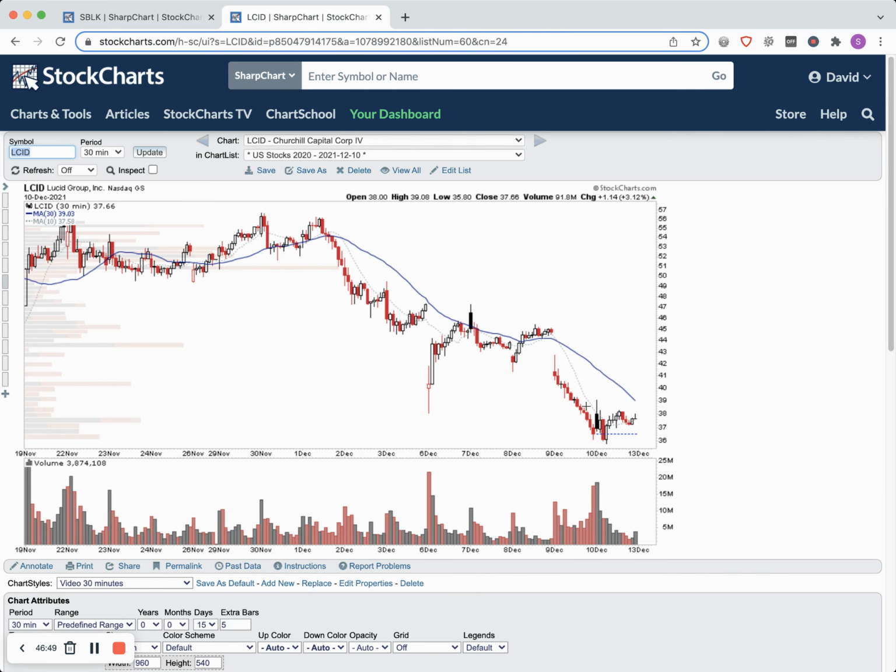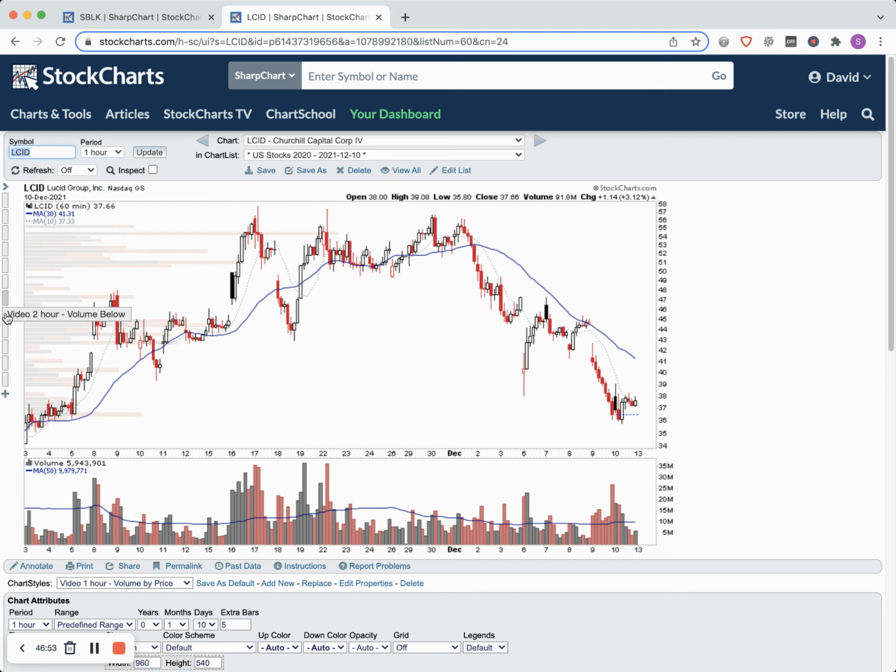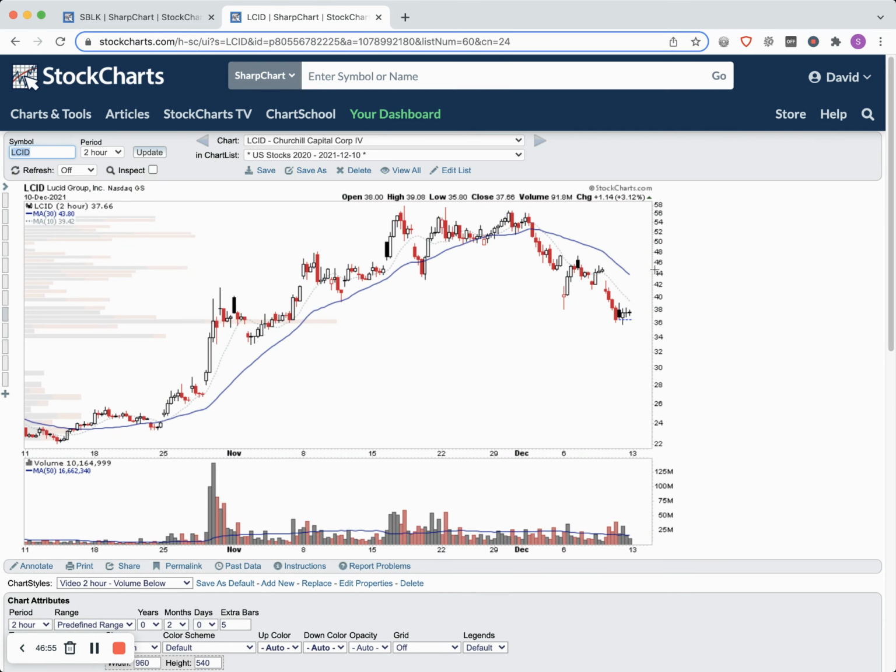See the 30-minute is still in stage 4. Obviously the 1 hour will still be in stage 4 and the 2 hour will still be in stage 4 on this. But if you can start to see this base out a little bit, then that one could start to give us a potential pivot point and start to move back up again.